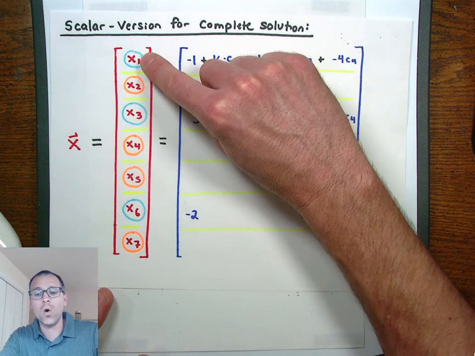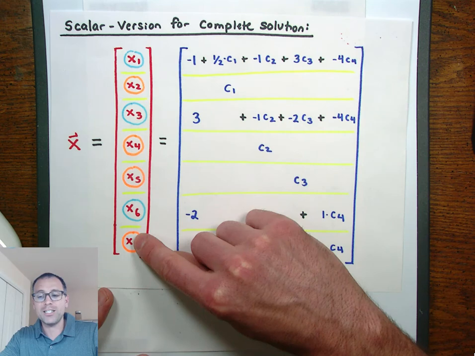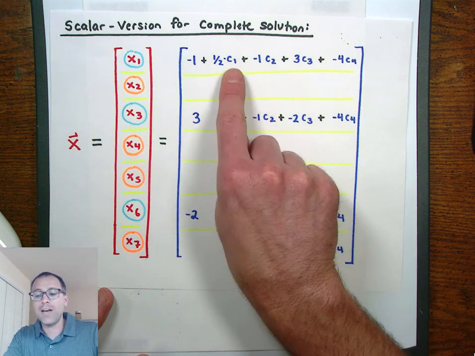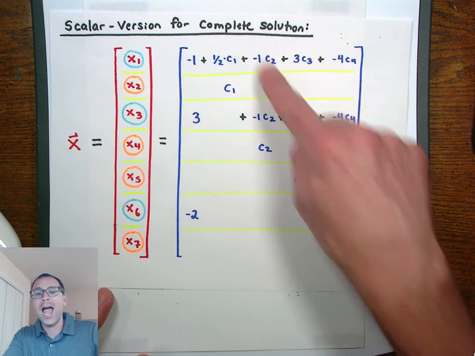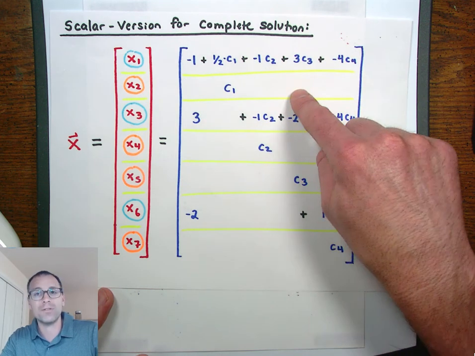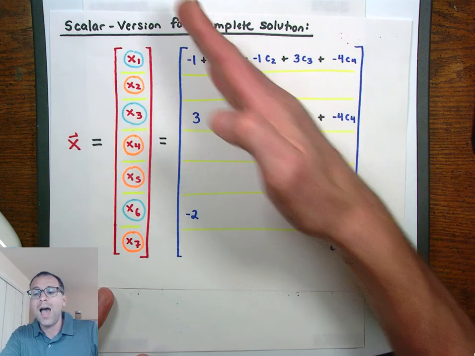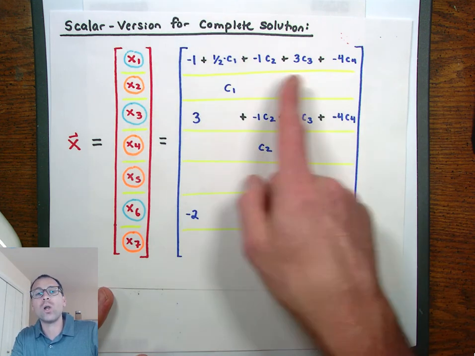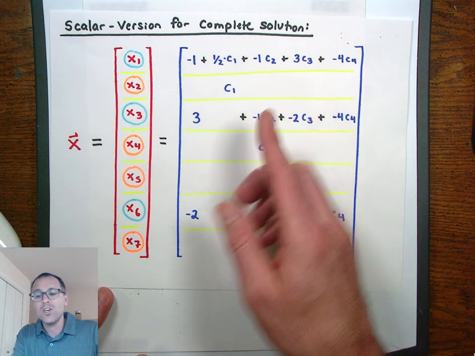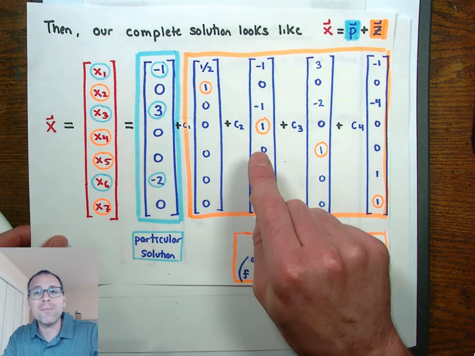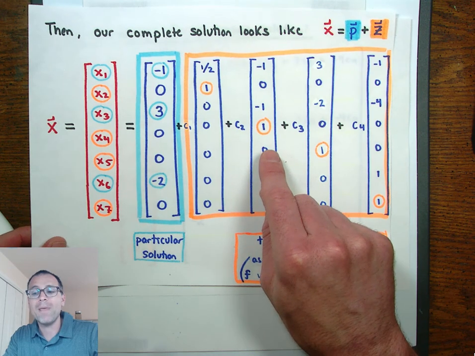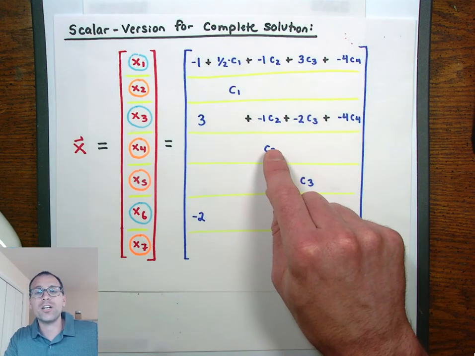So if I want to know what these entries need to be, I can choose any values of C1, C2, C3, and C4, and the general solution in terms of scalars will take this form. I've kind of marked it to follow along the same structure. You could, of course, center this if you wanted to make it a little bit more visually appealing.